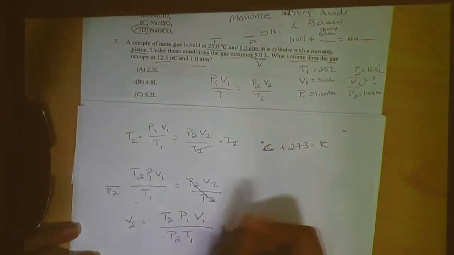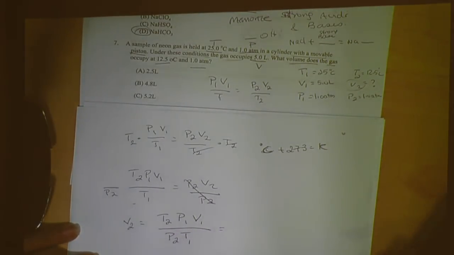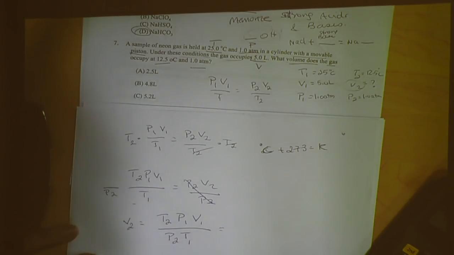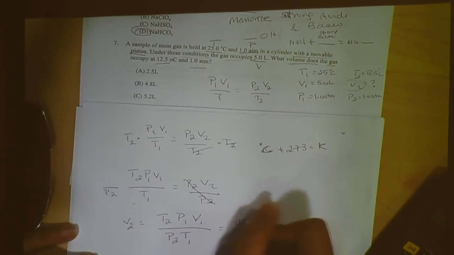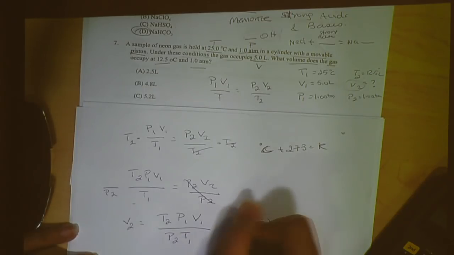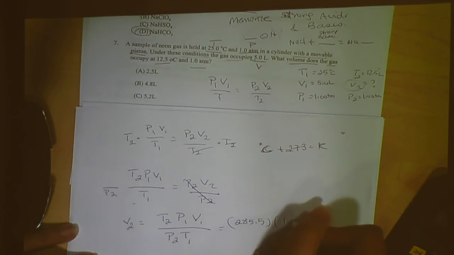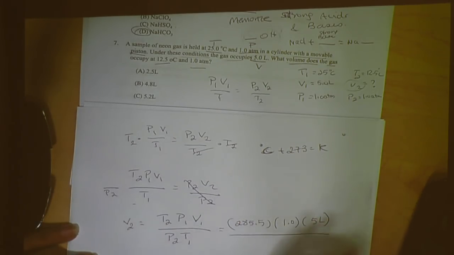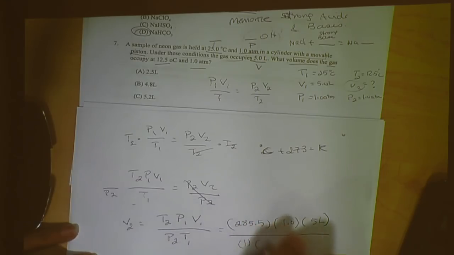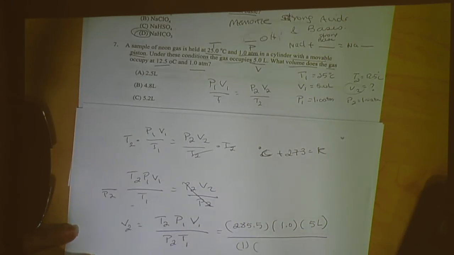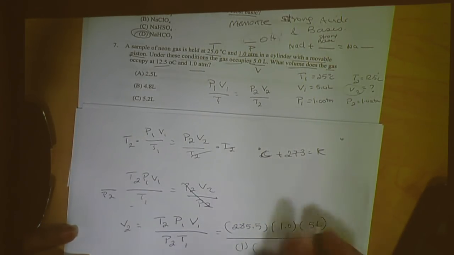So T2 is going to be 12.5 plus 273, which is 285.5, times P1, which is 1, times V1, which is 5 liters, over P2, which is 1, and T1, which is 25 plus 273, 298.